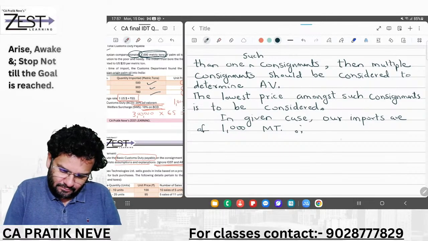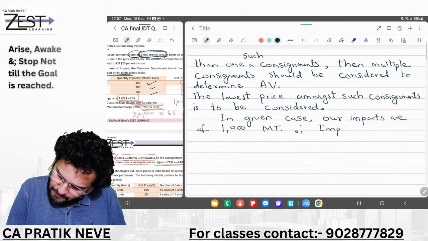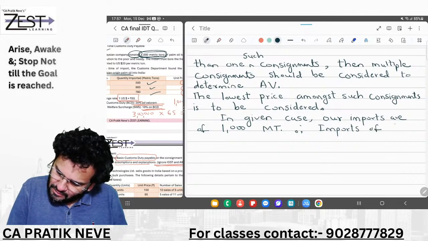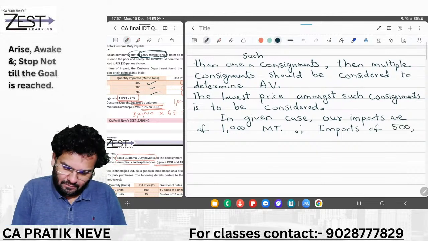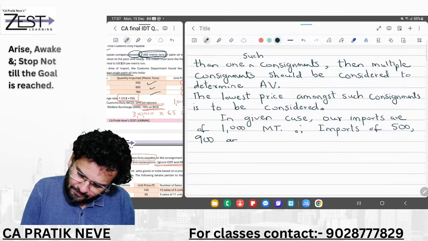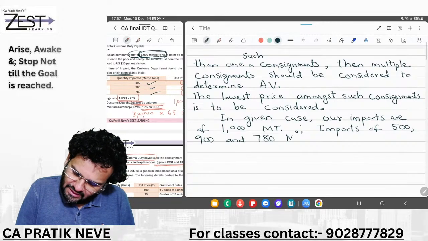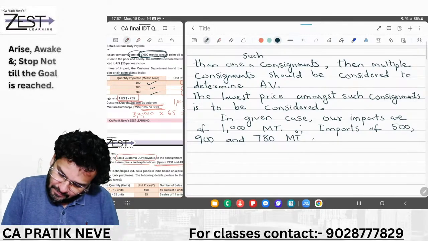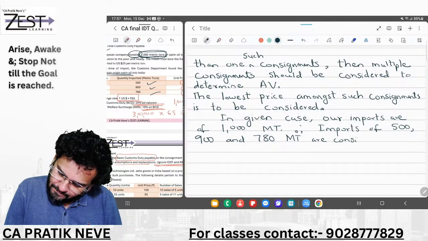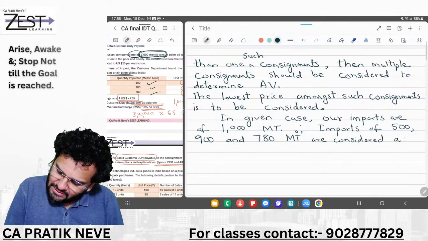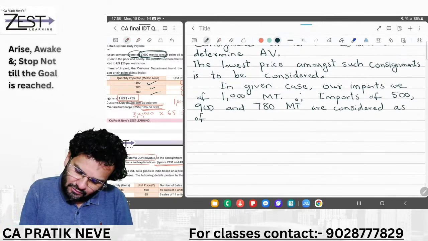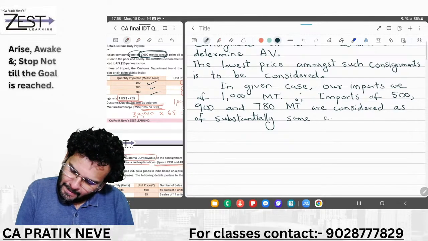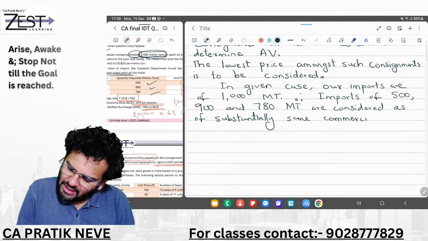Therefore, imports of 500, 900 and 780 metric tons are considered as of substantially same commercial level. Clear?